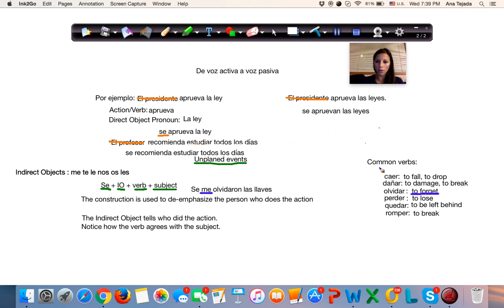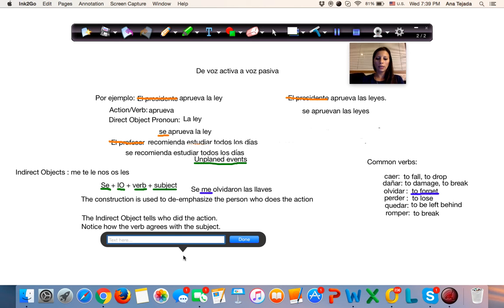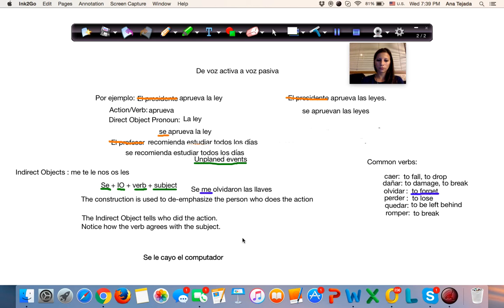We use it with these common verbs. Caer, to fall, to drop. Let's use that one for an example. Se le cayó el computador. To caer.